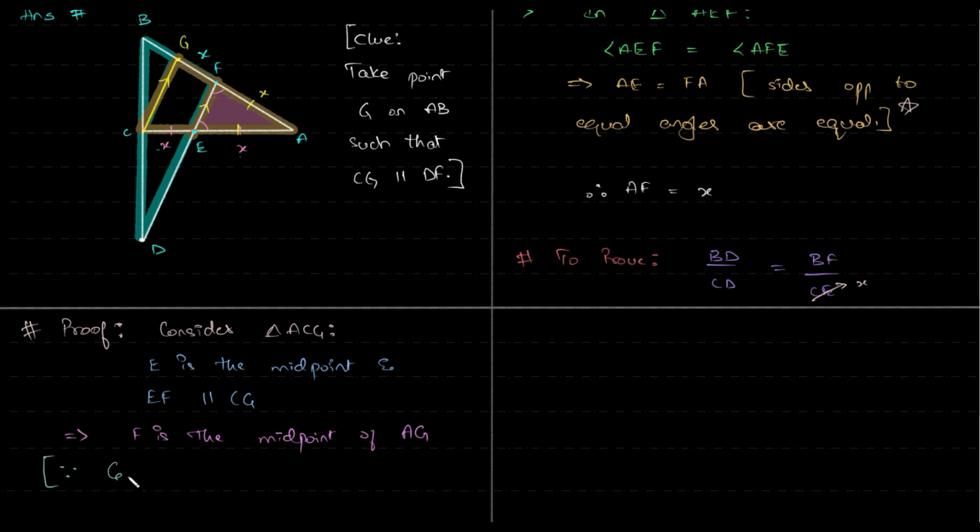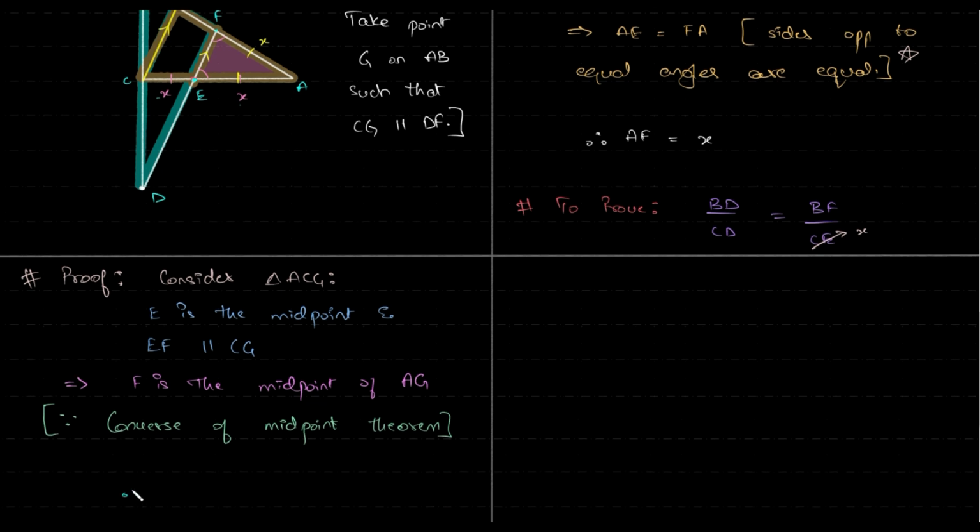This is because of the converse of the midpoint theorem. Okay, I hope you guys got this. Now making GF as what? Therefore, GF is equal to FA, which in turn is equal to X.